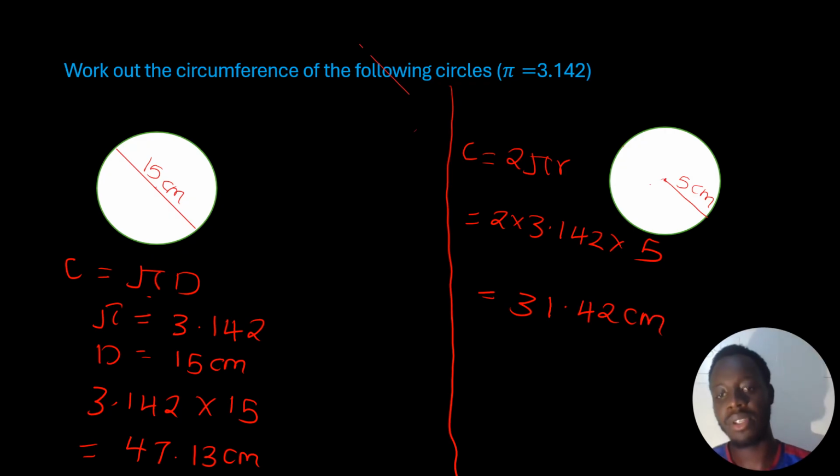You have to know the difference: when we use radius, we use 2 pi r as the formula for circumference, but when we use diameter, we use pi d.